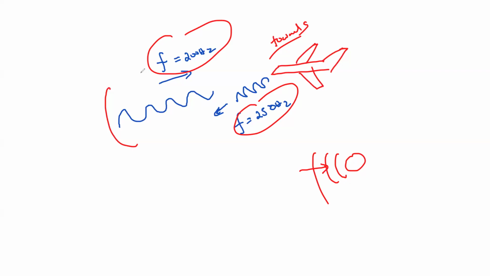Same thing here. What is sent was 200 hertz, but because this object is reflecting more waves per second as it approaches the source, the frequency will be higher. And the opposite will happen if an object is moving away and the radar is sending the pulse.